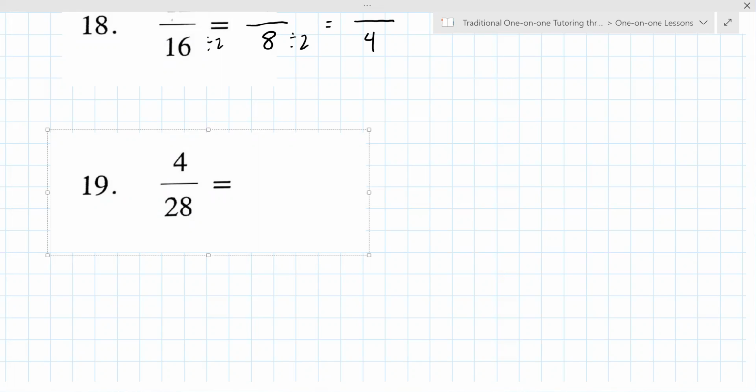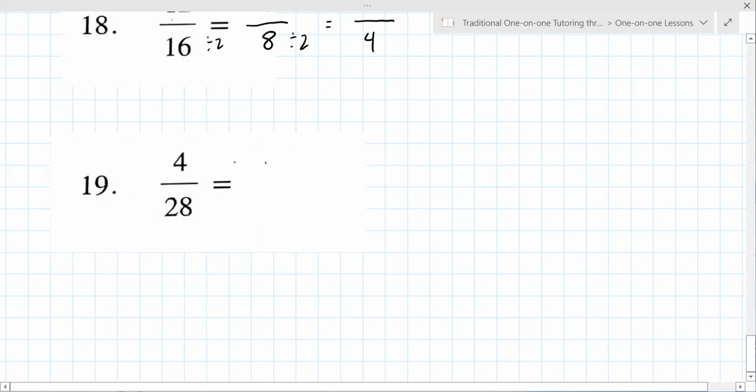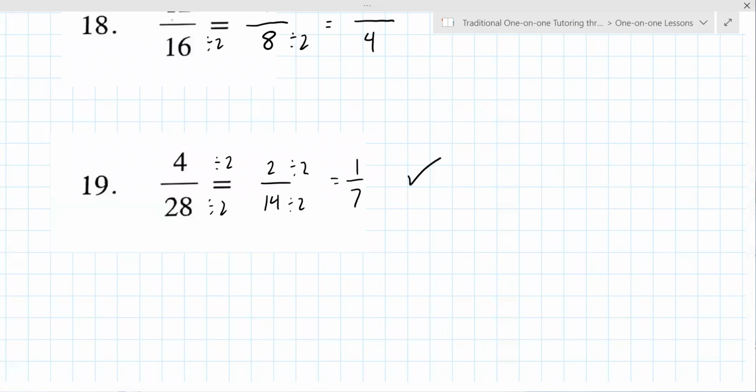Reduce. 2. 1 over 7. That's right. You divide both of them by 2. You get 2 over 14, 1 over 7. Yeah. Good. And then 20 is. Let's keep going. 1/2. 20 is 1/2. Very good.